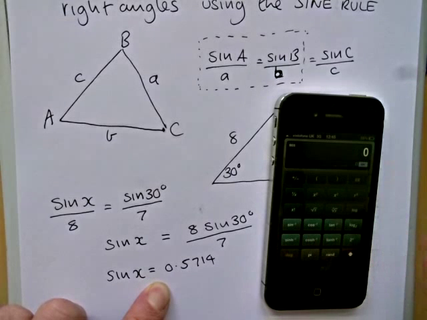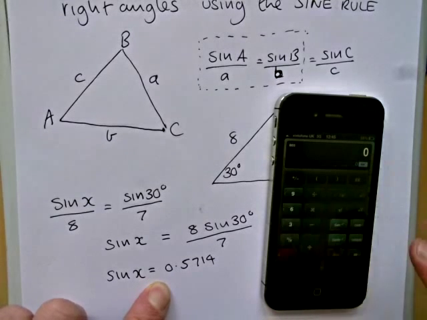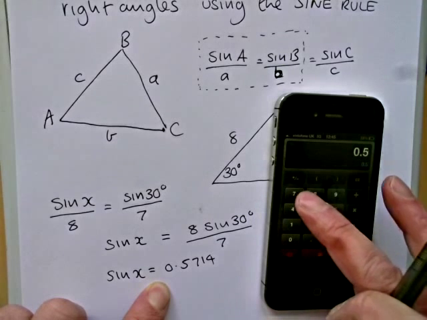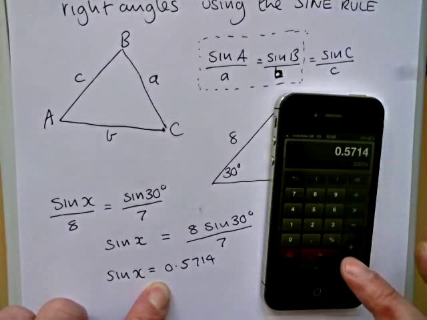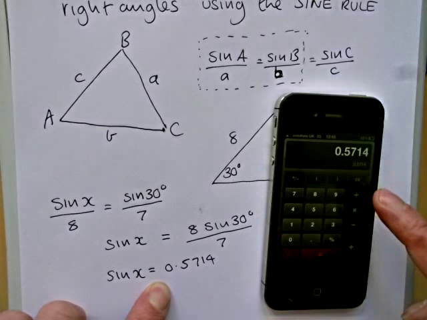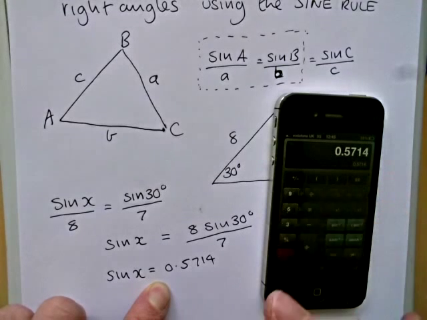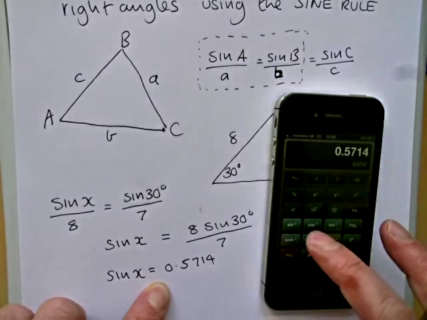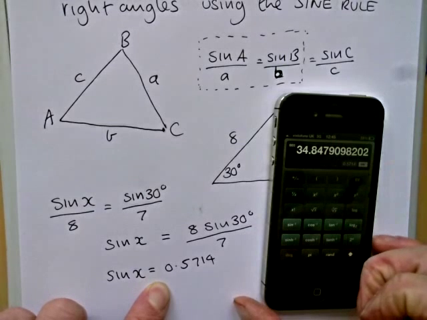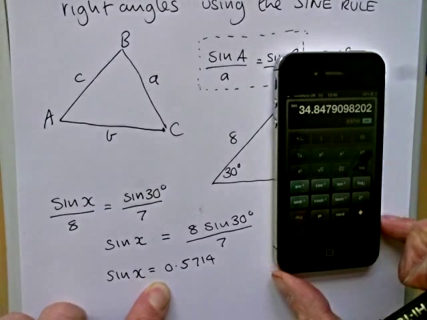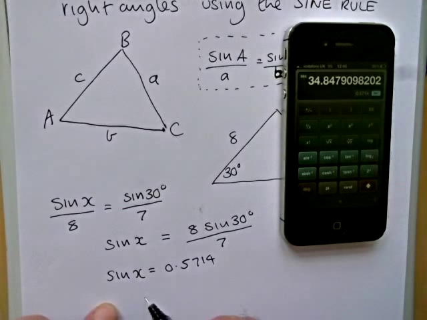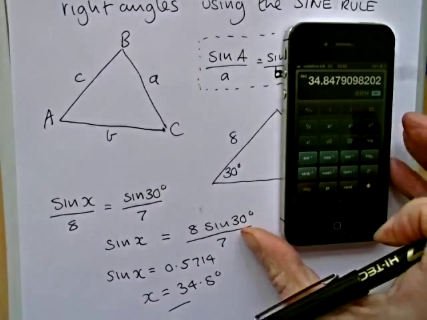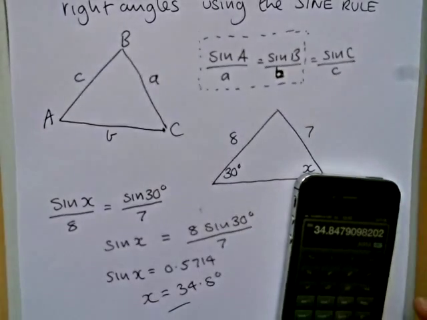So sine minus 1 of 0.5714 equals, doesn't like that, so leave 0.5, try sine minus 1 of that, and we've got it. So, took me a while, apologise for that. So 34.8 degrees, x equals 34.8 degrees.